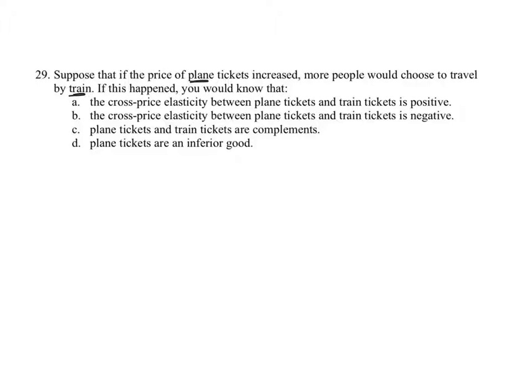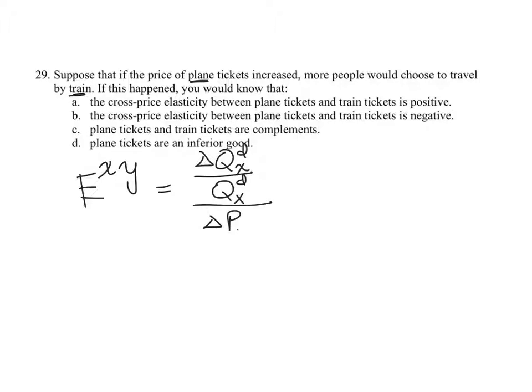If that happened, you would know that the cross price elasticity, let's think about that. So the cross price elasticity of demand, and we'll just go E X sub Y. So we're going to now think about how the quantity demanded of X, as a proportionate change, relates to a price change of good Y. And if the cross price elasticity is equal to 0, we can conclude those two goods are unrelated.